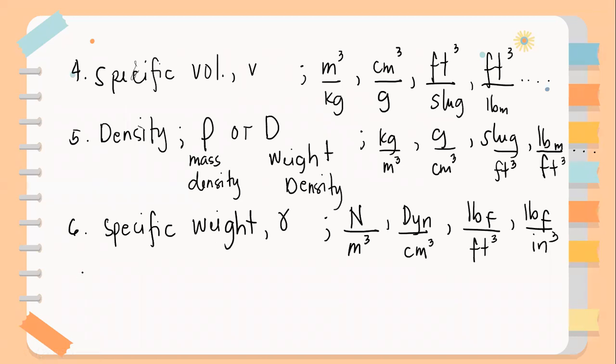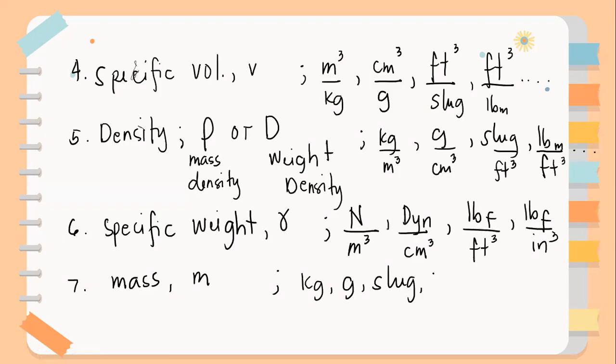Okay. Then we have the mass. The symbol is small letter m. What are the units for the mass? We have kilogram, gram, slug, pound mass. Then number 8, we have the weight.